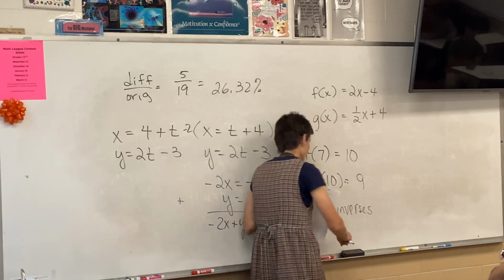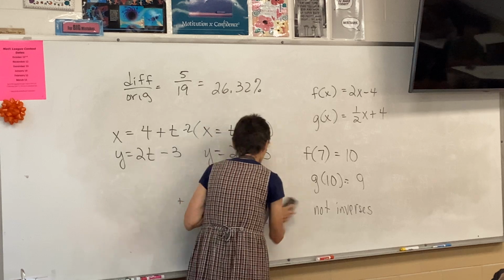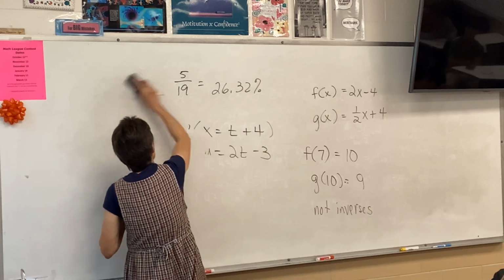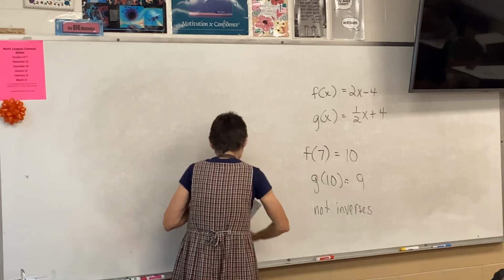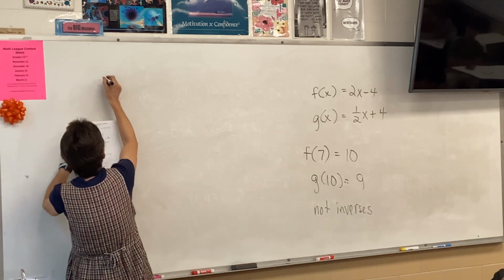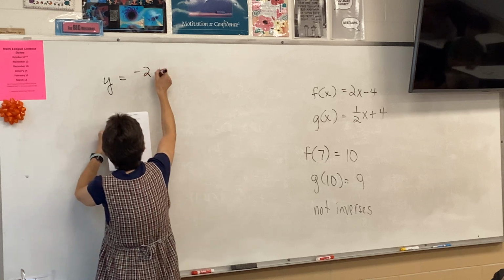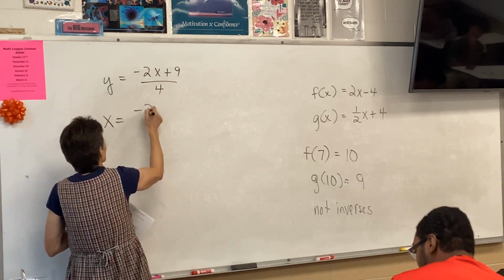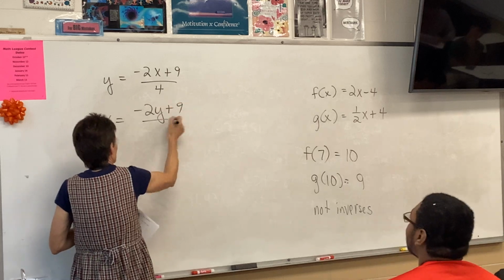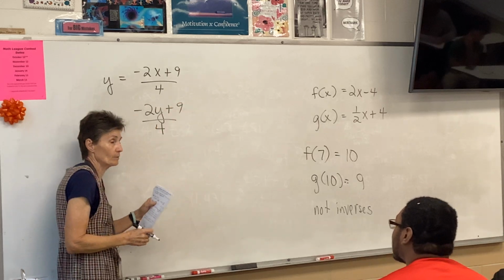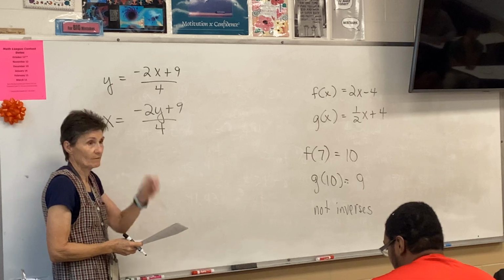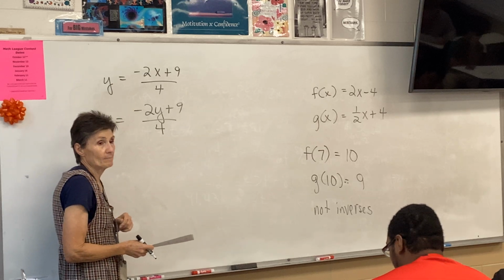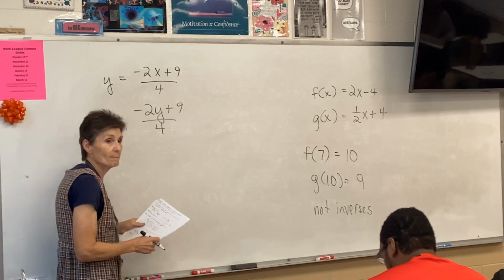All right, speaking of inverses, now you're going to find the inverse. Well, you should remember this, because we had a quiz over this. What do I do if I have to find the inverse? Switch my variables. So my first change is literally just switch the variables. Now what? Get y by itself.